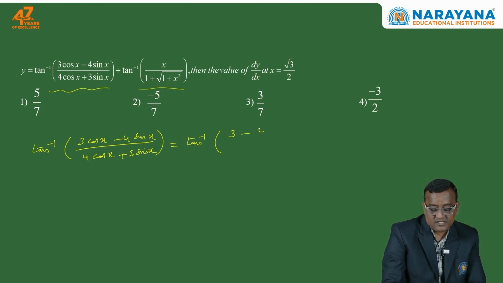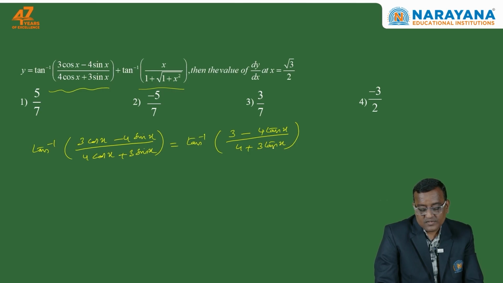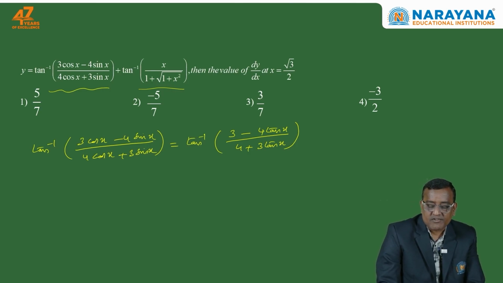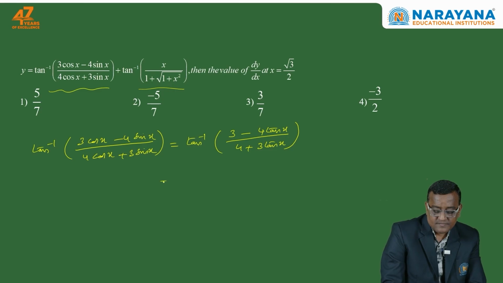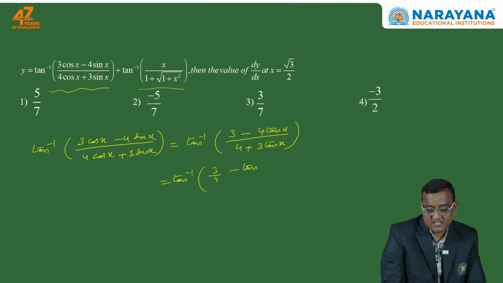It is (3 minus 4 tan x) by (4 plus 3 tan x). So to get a form tan inverse of (x minus y) by (1 plus xy), divide numerator and denominator with 4. So it is tan inverse of (3 by 4 minus tan x) by (1 plus 3 by 4 into tan x).